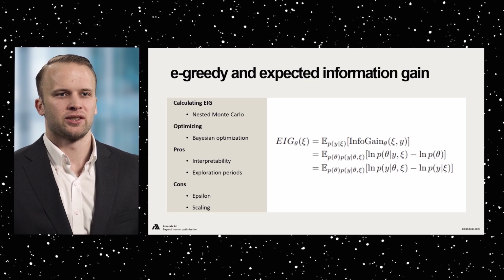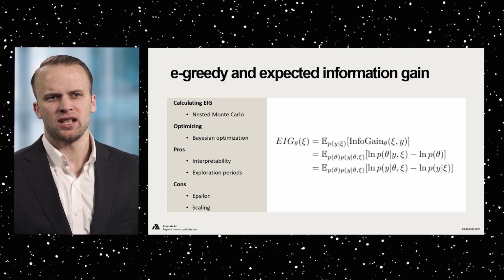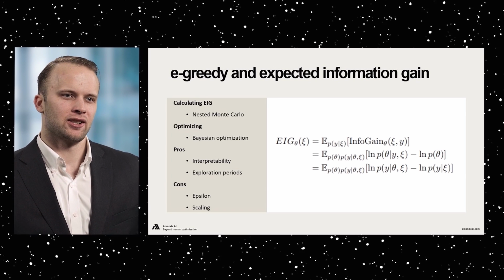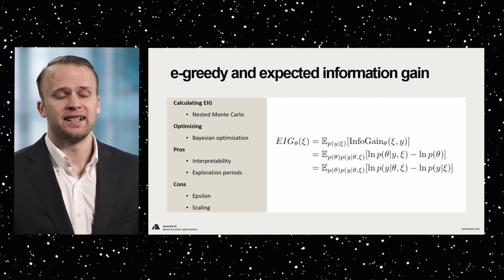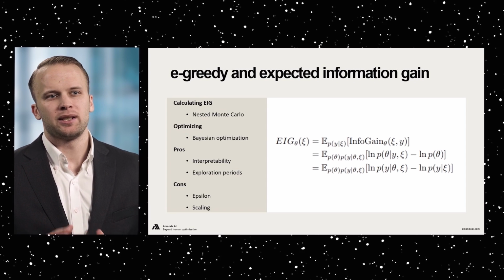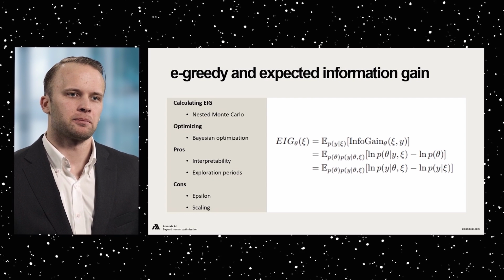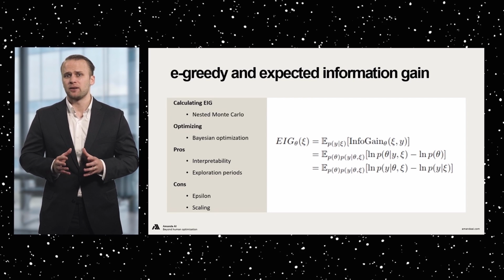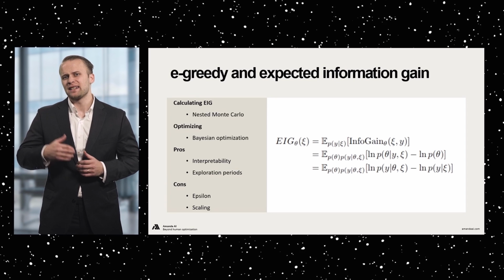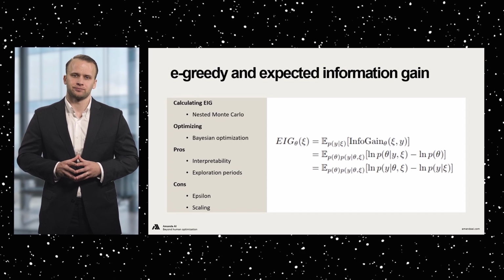Notice that the expressions p of theta given y and xi, as well as p of y given xi, are both intractable, and that the latter expression is nested inside the expectation. Now, we deal with this by using nested Monte Carlo sampling. Implementations of this technique are readily available in packages such as Pyro. Secondly, to actually find the design that maximizes this expression, we rely on Bayesian optimization.